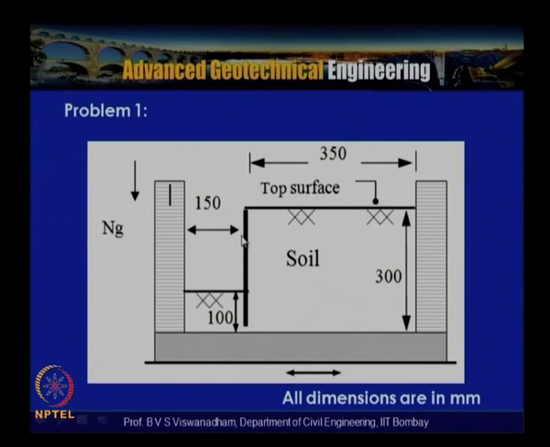This is a 150 mm distance, the embedded depth is 100 mm, the height is 300 mm, the breadth of the model is 300 mm, and this length is 350 mm. By knowing this, the bulk unit weight of the soil, we can calculate the gamma value, and the container and other accessories value is given. The entire mass is placed on the swing basket, so we can calculate this dynamic force component.